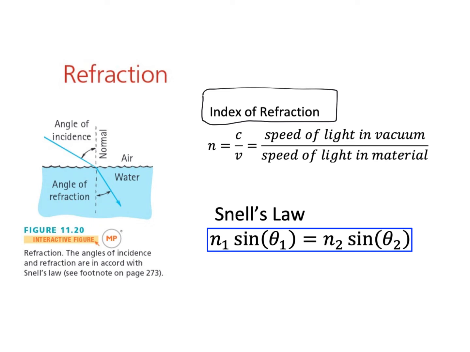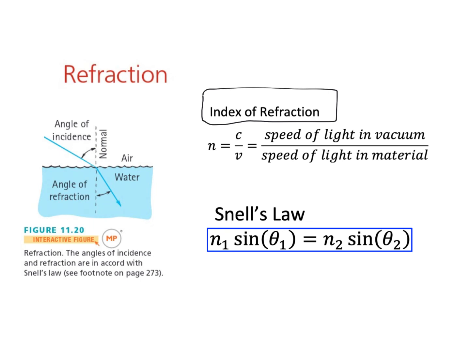It's always going to be the same speed in water. It's always going to be the same speed in diamond, etc. And so by comparing the speed of light in vacuum, which is the fastest it could possibly go, to the speed of light in the material, we have a number N which characterizes the material in terms of how quickly light travels through it.